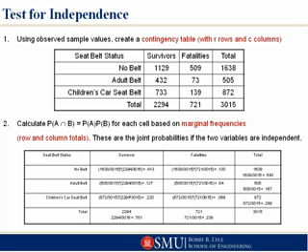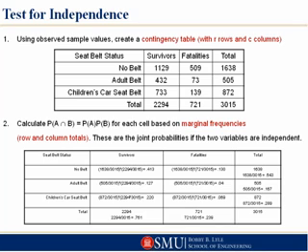That is the probability of A, the probability of no belt, times the probability of B, which is 2294, the number of survivors, divided by the 3015. So that would be the probability of B, that they were a survivor. So the probability that they were no belt times the probability that they were a survivor turned out to be 0.413.